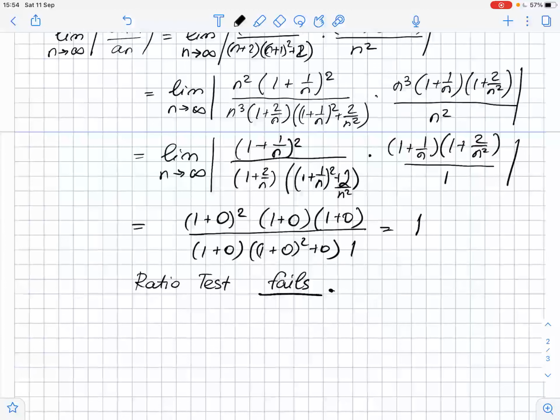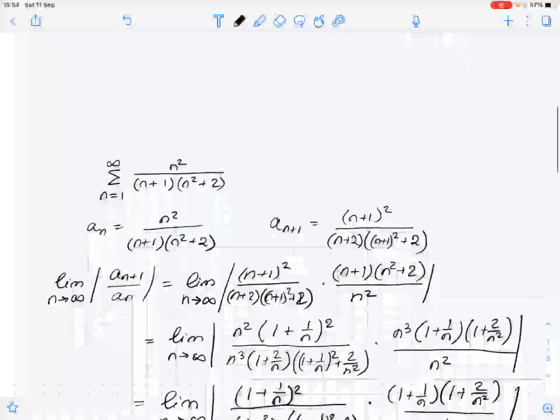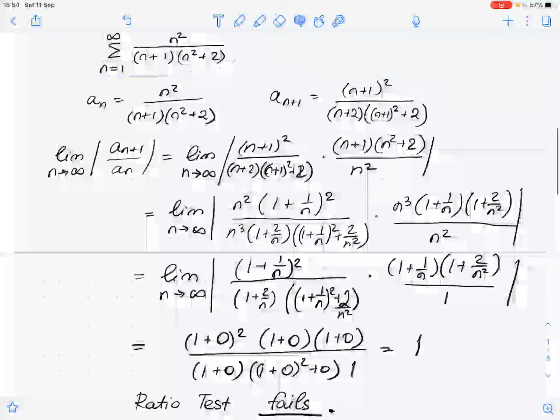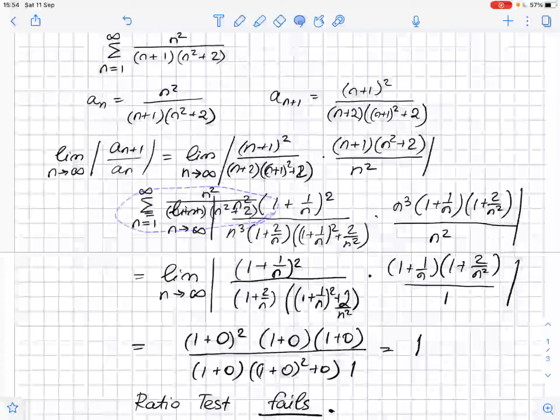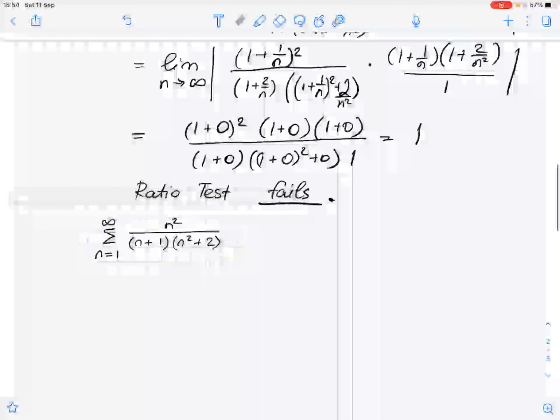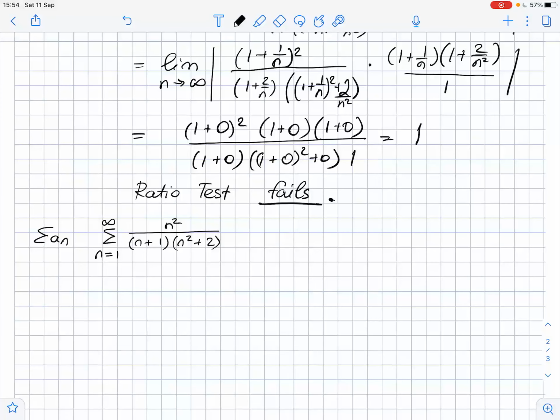So let the given series, let me copy paste it. So the given series, let's call it series a_n, where n goes from 1 to infinity. So we get that a_n equals n squared over (n plus 1) times (n squared plus 2).